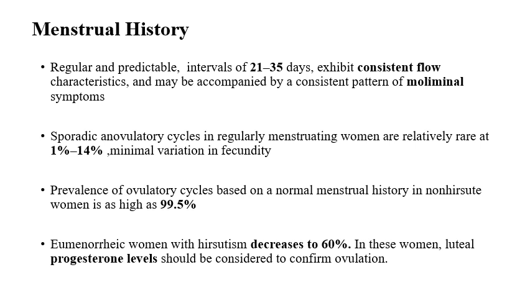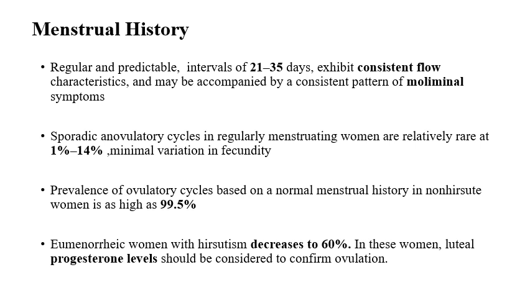But a sporadic anovulatory cycle can occur in a regularly menstruating woman, though the incidence is rare, about 1 to 14%.